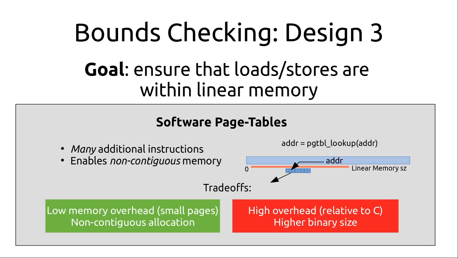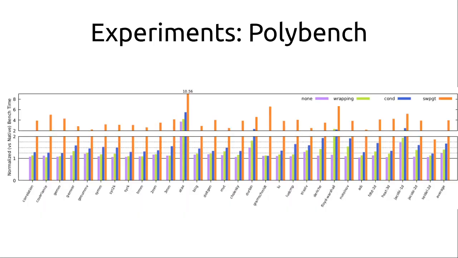So it has relatively low memory overhead in SRAM if we use relatively small pages, and it provides non-contiguous allocation of that memory. However, it does have a relatively high overhead because we are actually doing lookups on software page tables on each load and store, and has a much, much higher binary size simply because of all of those lookups being inlined into the code.